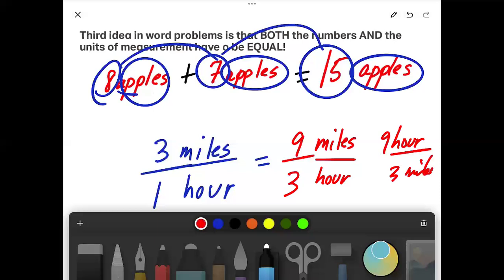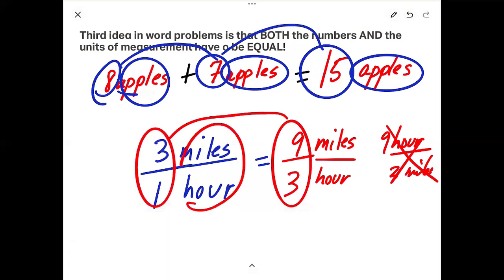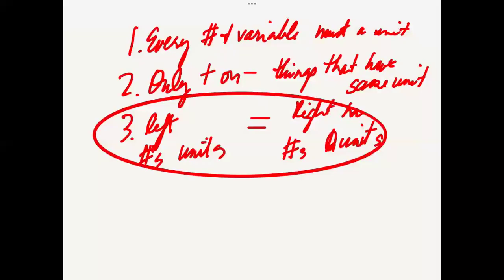That wouldn't work. The numbers have to match and the units have to match. That's the idea. Whenever you have an equation, the left-hand side, the numbers and the units have to match the right-hand side, the numbers and the units. All right? That's it. So let me summarize this.